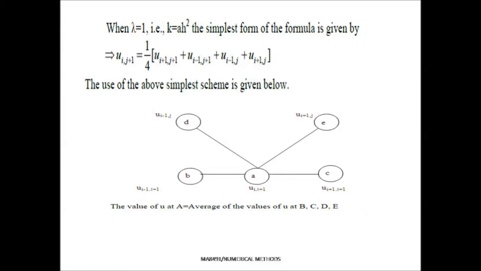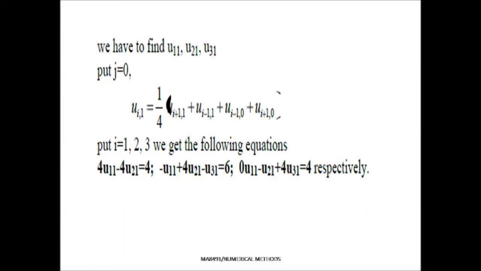Now calculate your center point using your boundary points. Now by putting j equal to 0, we have to find u11, u21 and u31. Since it is a one time step, we are going to find j equal to 0 only, one step. Okay.